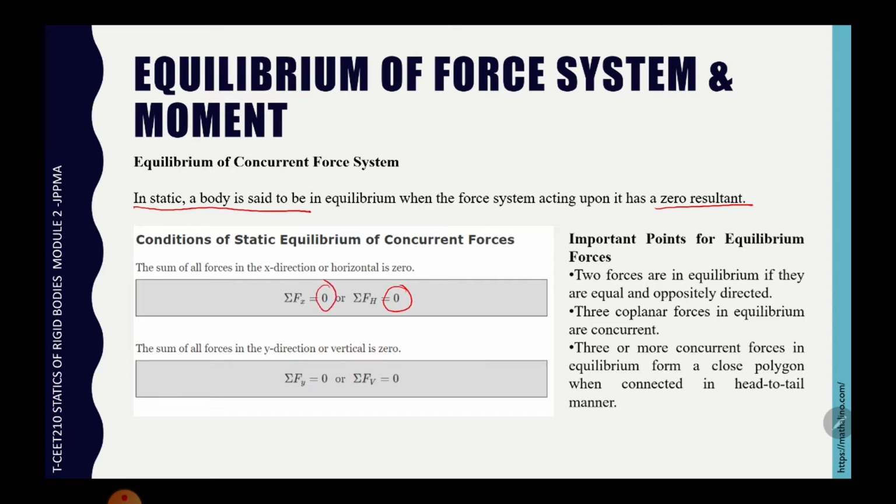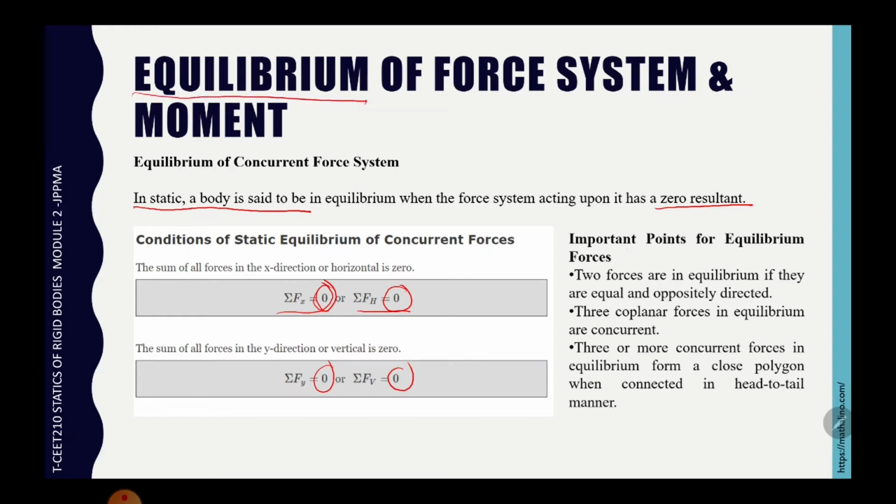Lagi siyang 0. Summation of force along x-axis is equal to 0 also. So, the sum of all forces in y direction or vertical is equal to 0. Parehas lang din. 0 siya. Kasi, sabi ko nga kanina, we are talking about equilibrium.